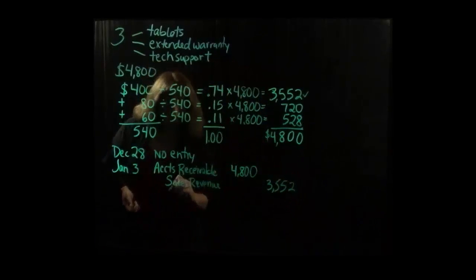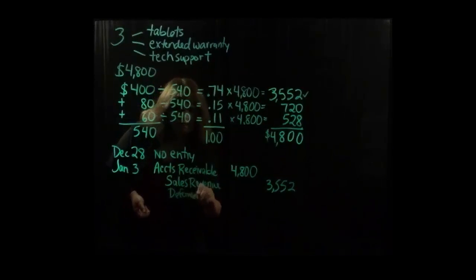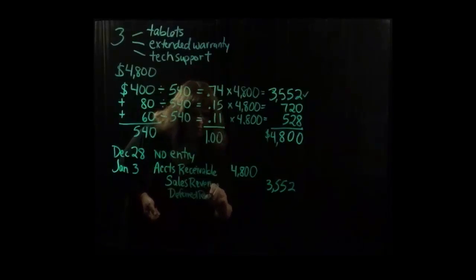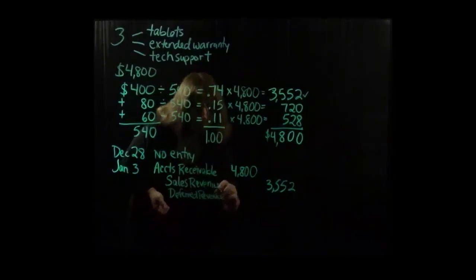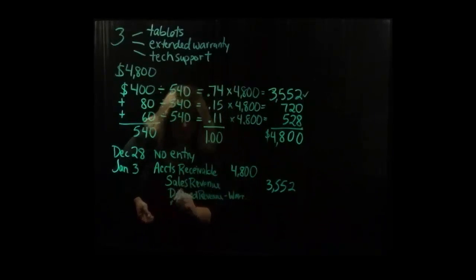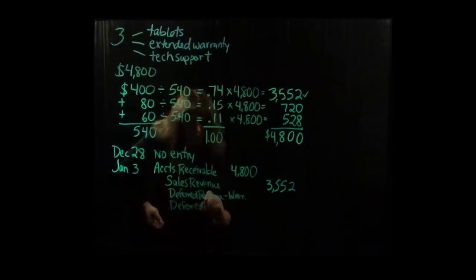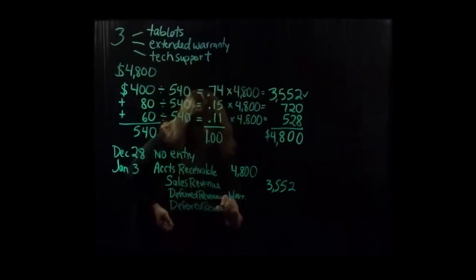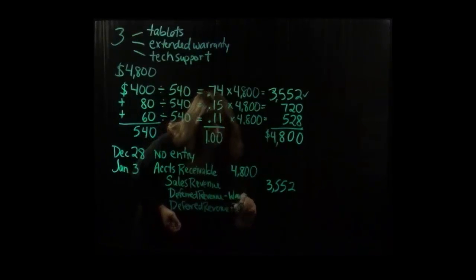Then we'll record deferred revenue, and we'll go ahead and split it into two accounts just because that will make it easier to monitor over time. So we'll set up a deferred revenue for the warranty, and we'll set up a deferred revenue for the tech support.